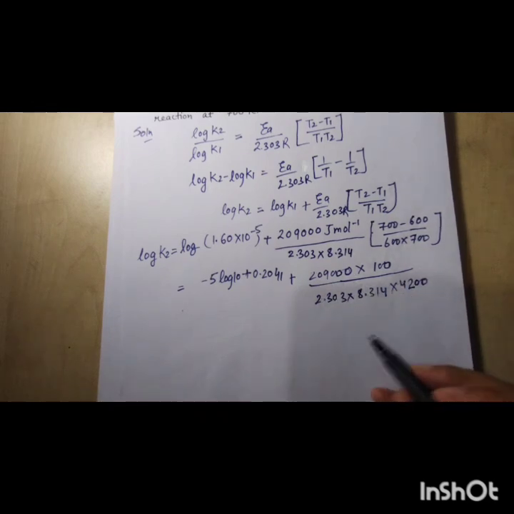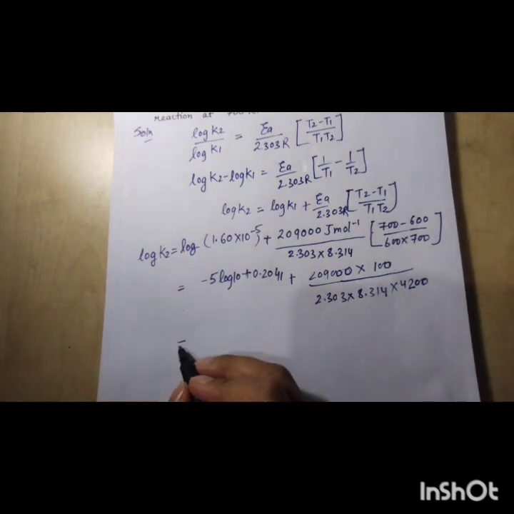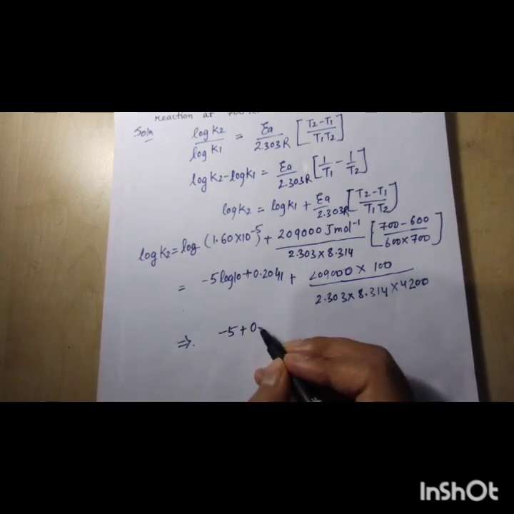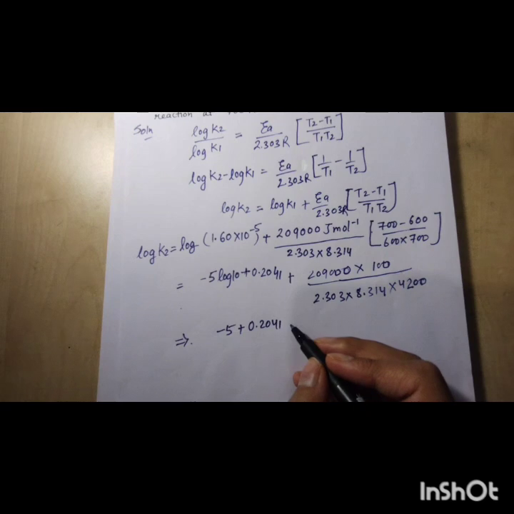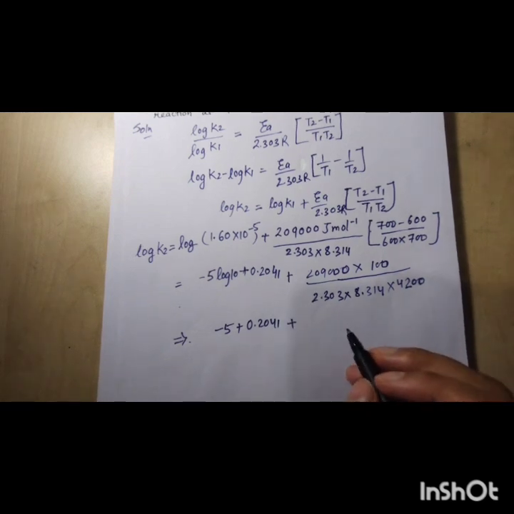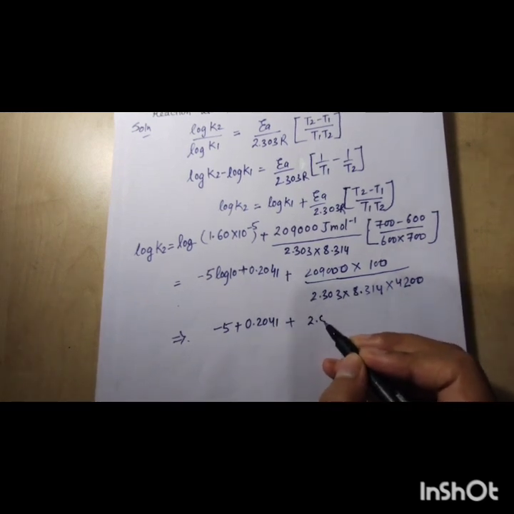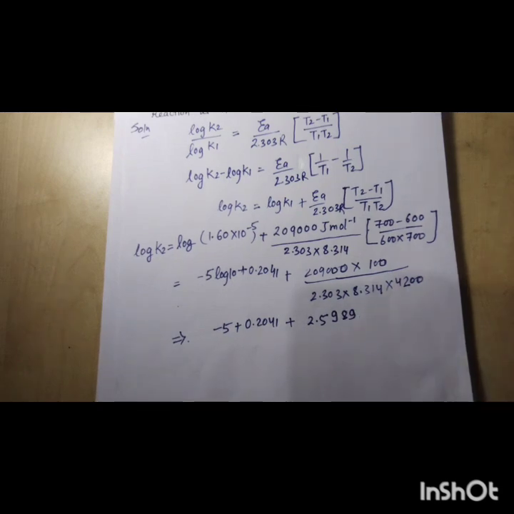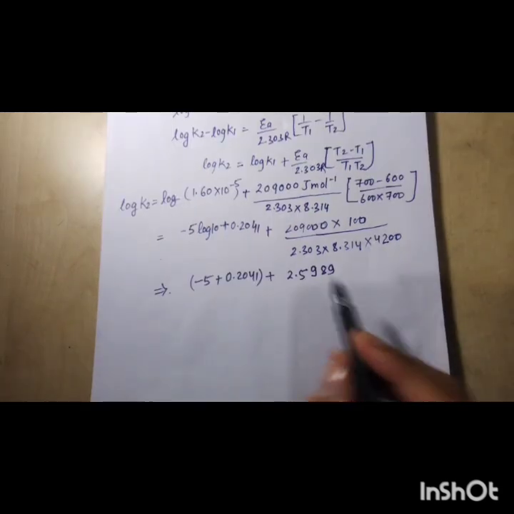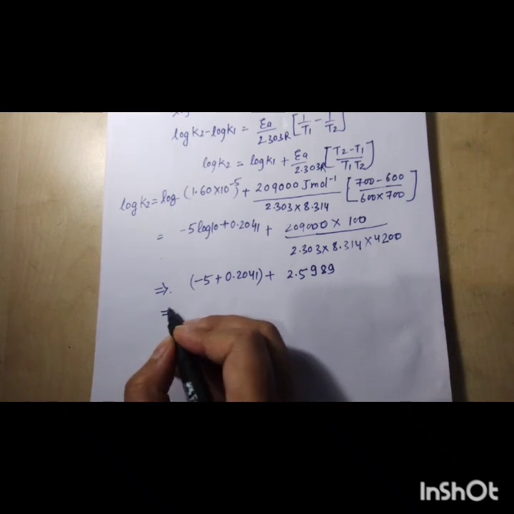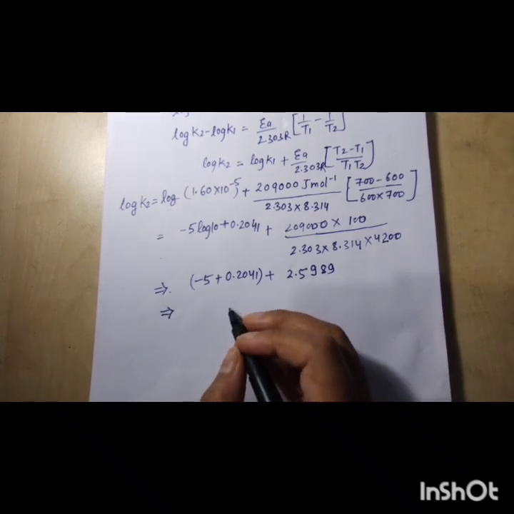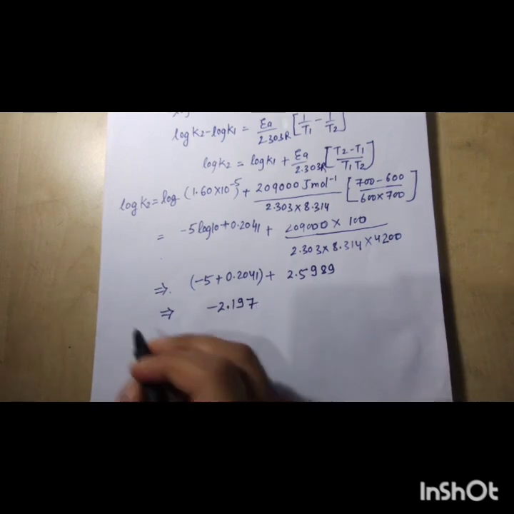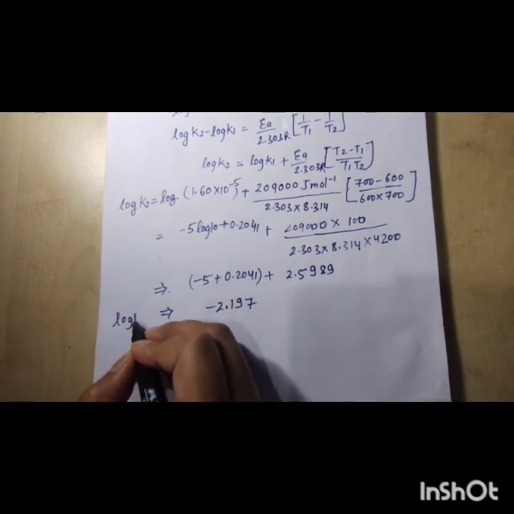After solving this will become minus 5 plus 0.2041 plus 2.5989. Here after solving, that will become minus 2.197. That is the log K2 value.